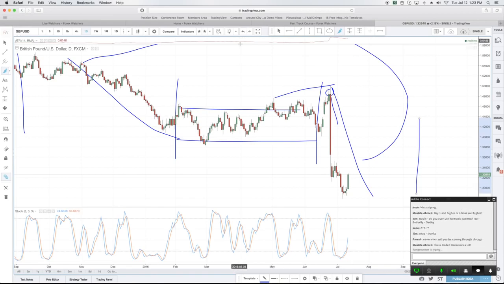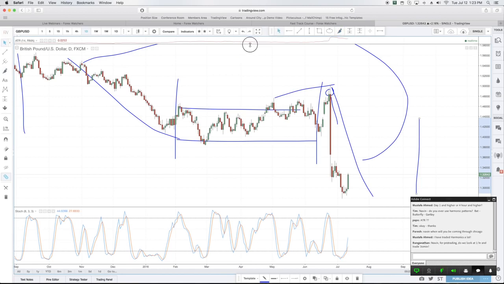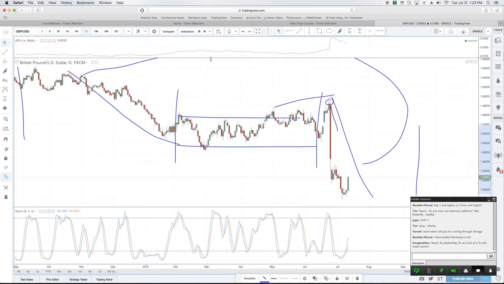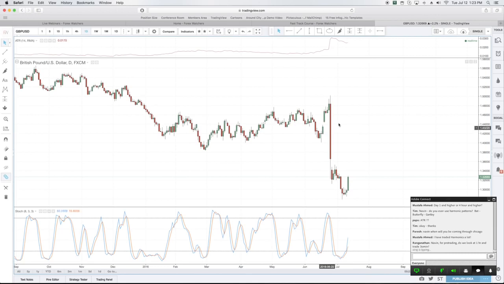ATR. Okay, so ATR up here. A quick answer to ATR for Papo. Over here, ATR says that my period is 14. 14 means it's going to look back 14 candles and give me the average true range. That's what an ATR means, which means right now the number on the ATR says 0.025, which means 253.